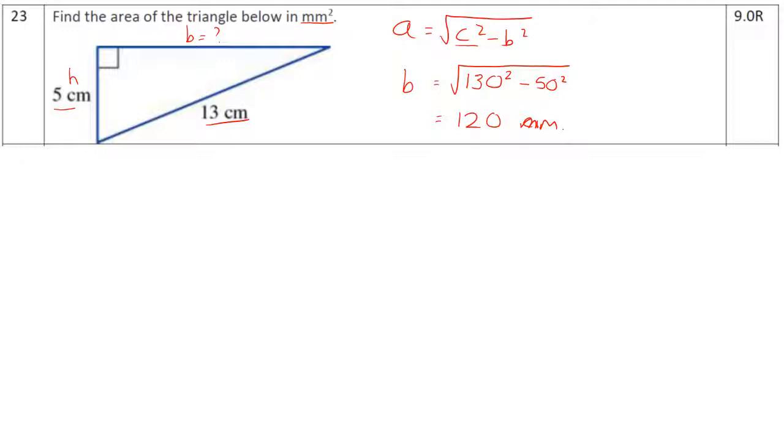So then I've got my base. So to find the area, it's just a half of the base times the height. So it's just a half of 50 times 120, and we end up with 6,000 millimeters squared.